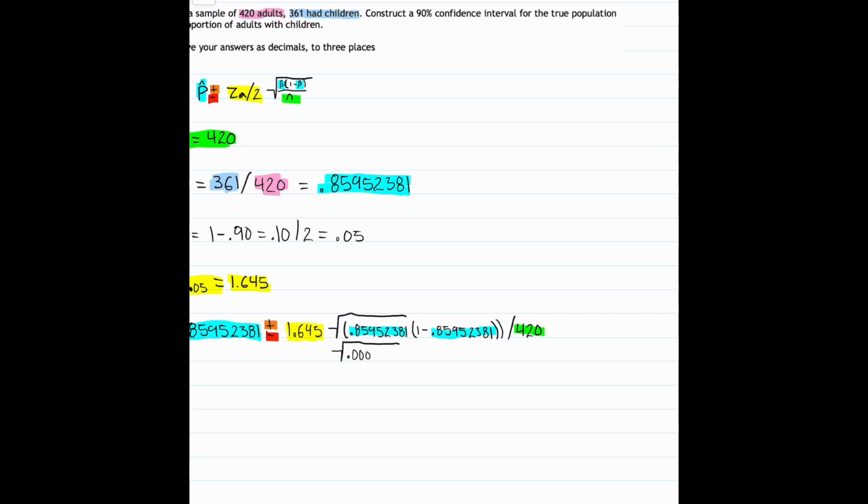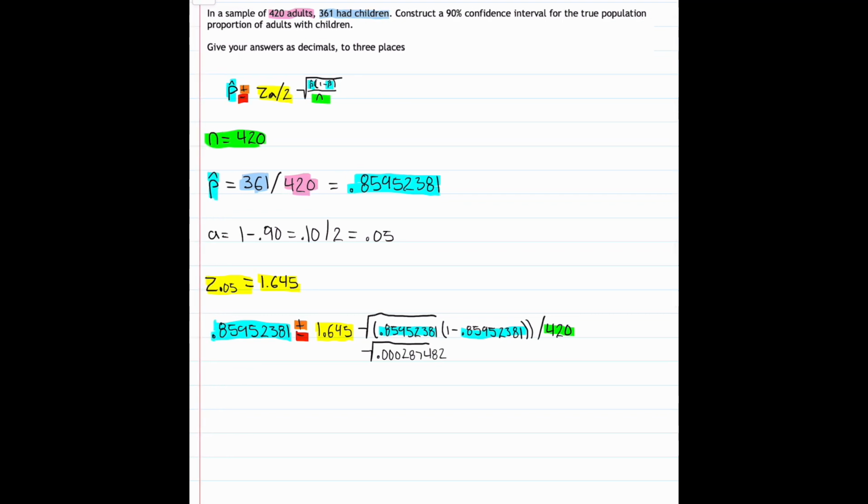So we got 0.000287482. And then we're going to find the square root of that number, and we'll multiply that with the 1.645.